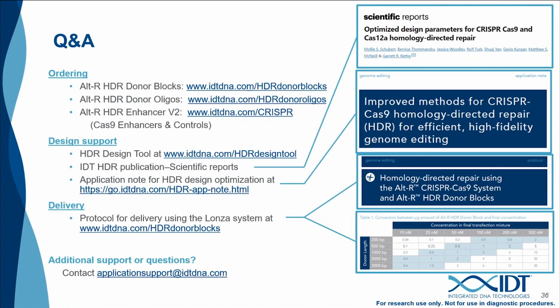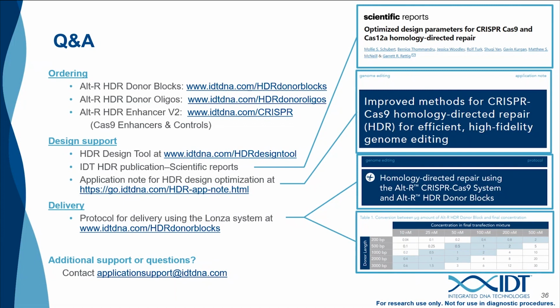If you reach out to our scientific support group, we've got that email address listed here. We do have additional support for alternative delivery methods like the Neon electroporator and also lipofection. I will say that the HDR rates for large knock-ins with lipofection were a little bit limited, but we'll start you off with a good starting point, at least based on our internal testing. Great.